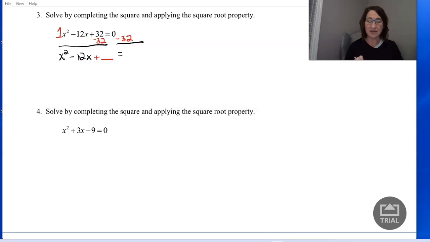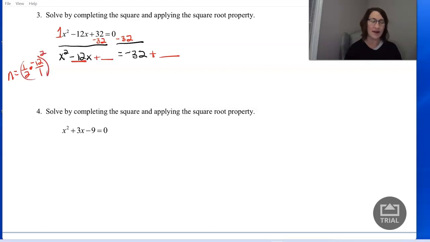And then that's going to be equal to negative 32. And I'm going to do the same thing, plus a blank. So what goes into that blank? That's our n. So our n, okay, is going to be 1/2 times this negative 12.